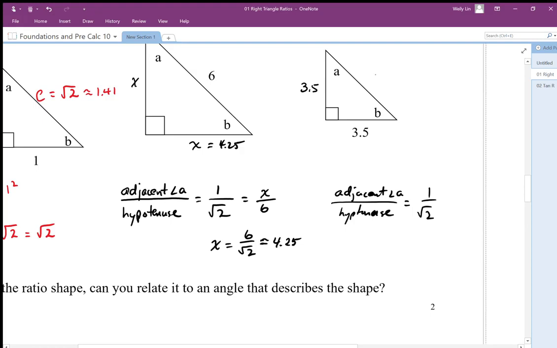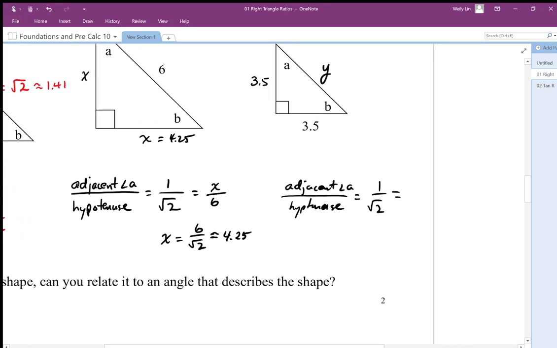I'm going to call this side y, and I'm going to make the same ratio comparison in this triangle: adjacent to angle A to side y. Then cross multiplying, I'm going to solve for y, so I end up with y equal to 3.5 times square root 2.